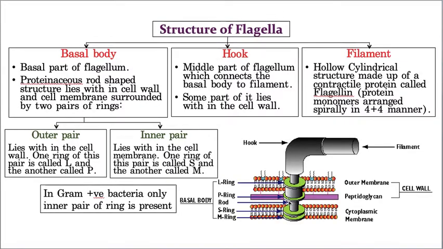This is one pair of rings, and this is another pair. The outer pair consists of two rings, and the outer one is called the L ring. All these rings are made up of proteins, so that they can attach to the body.